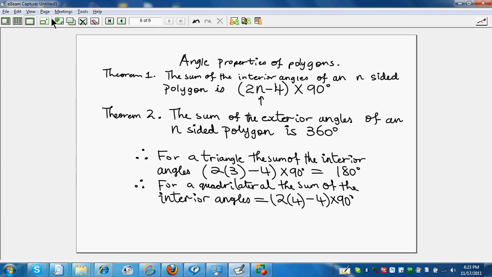Because remember, the equation is 2n minus 4. n in this case is 4 because it's a quadrilateral.